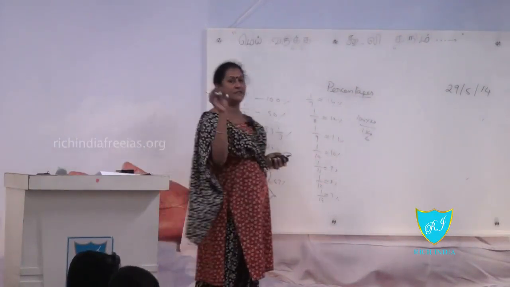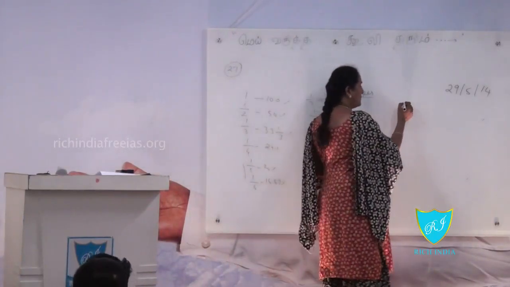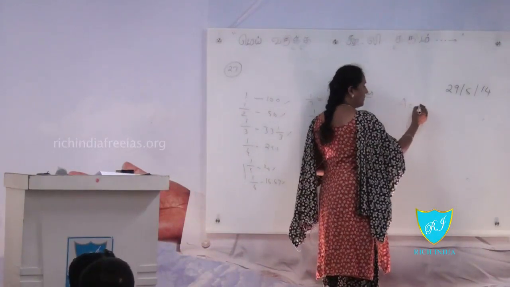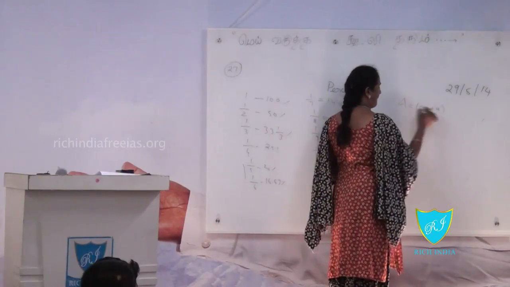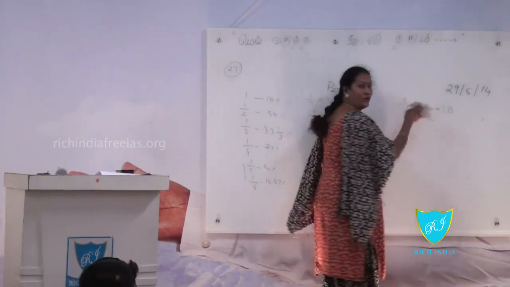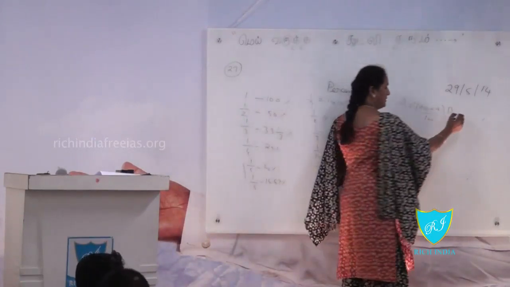A%. So when A is A% more than B, what will be value of A? So 100 plus A by 100 times of B. B வந்து B தான் இல்லையா?